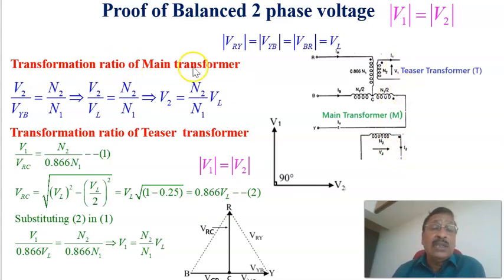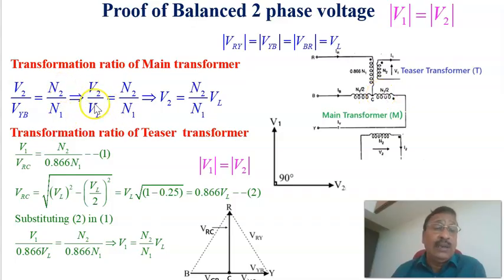Now, coming to the transformation ratio of the main transformer, it is equal to the output voltage V2 divided by the input voltage, which is the line voltage VYB. That is the voltage ratio of the main transformer, equal to the number of turns of the secondary, N2, divided by N1.